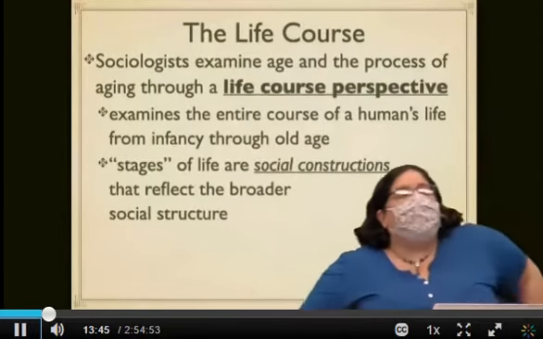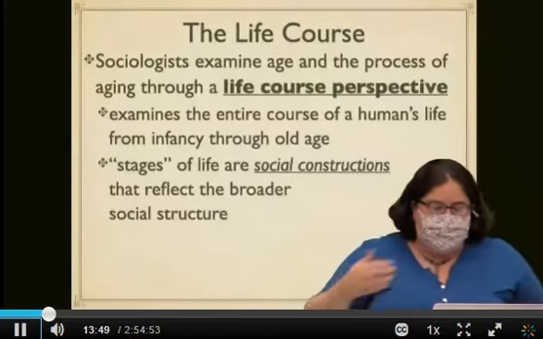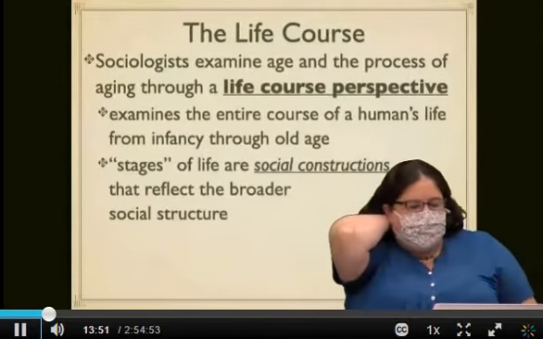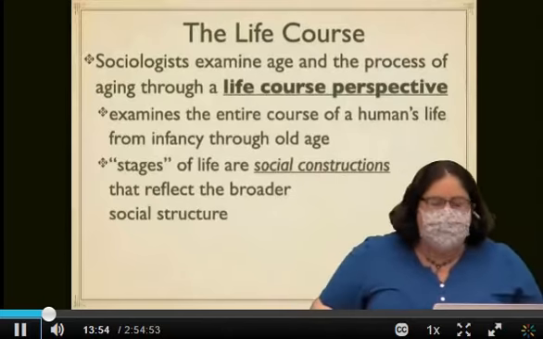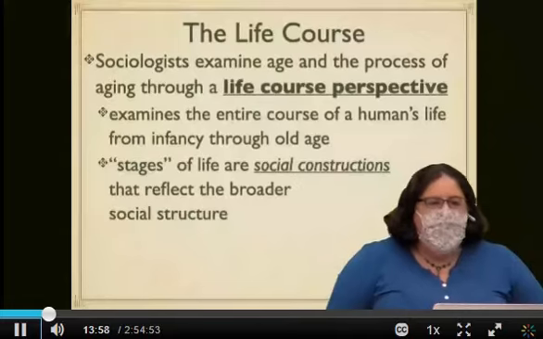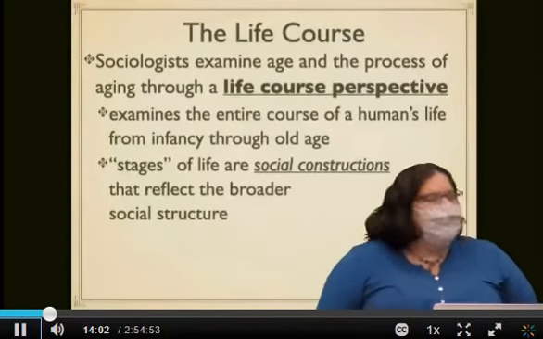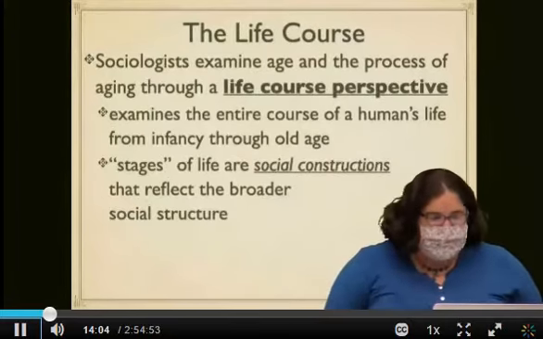But even what those categories are, like what's a young adult versus an adult, and what's pre-retirement versus elderly, all those stages of life are made up, right? They are social constructions. They are not biologically based.